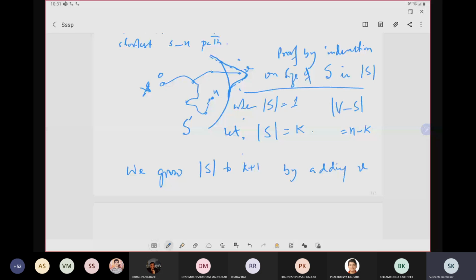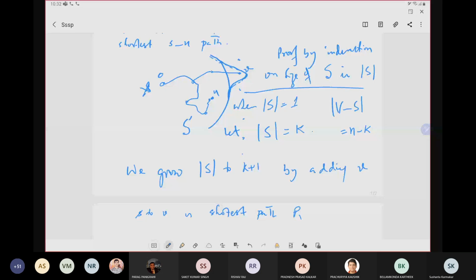Of course, I don't have anything to prove for nodes other than this new V, because by the inductive step they are already shortest. So now I just need to claim that the path from s to V is the shortest path, that is P V.